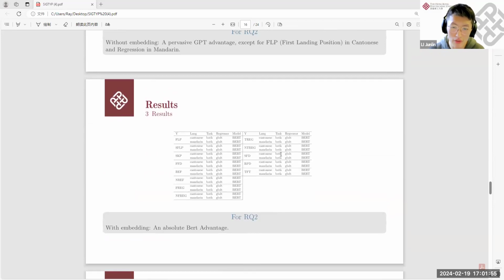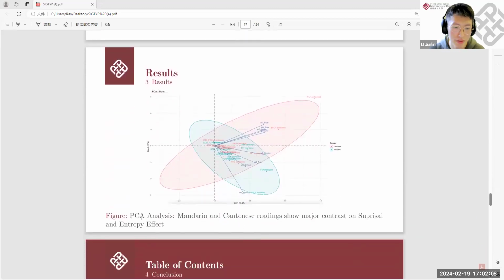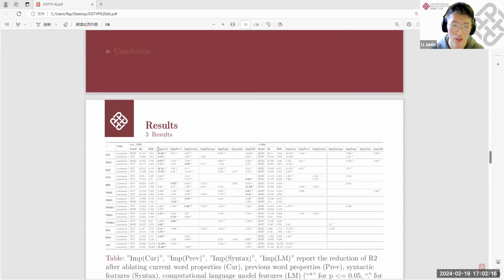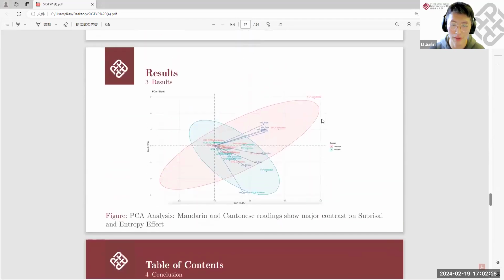And finally, we found that if we include the embedding in regression, there's a pervasive BERT advantage instead of a GPT advantage. And we purposefully did a PCA analysis over the usefulness of different bundles of features against the model performance over Cantonese and Mandarin, and we plot the PCA results onto this figure.